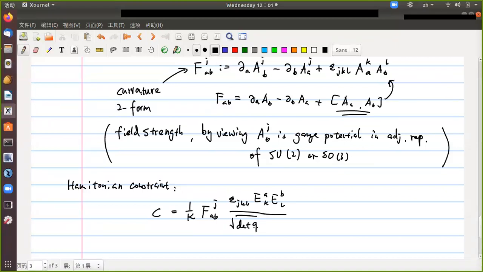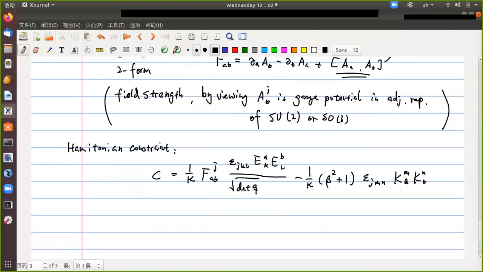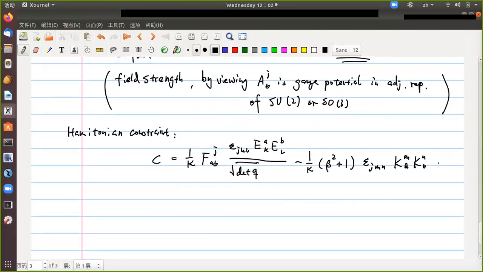The feature of the Hamiltonian constraint here is that you have two important terms. 1 over kappa, the second term. Then you have something related to the Barbero-Immirzi parameter, beta squared plus 1, times epsilon_{JMN} K^M_a K^N_b, and multiply another factor.